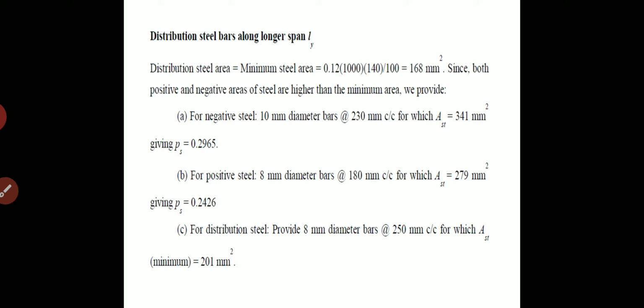These are the percentages of steel. For distribution steel, provide 8 mm diameter bars at 250 mm center to center spacing, for which AST equal to 201 mm square.